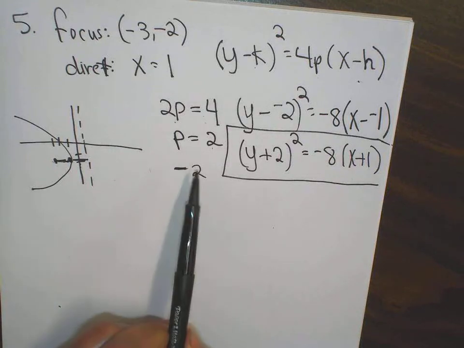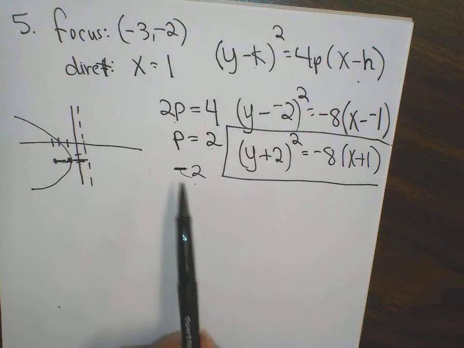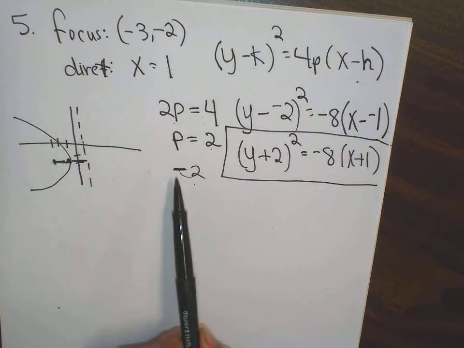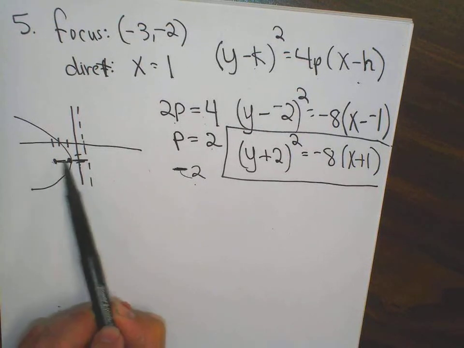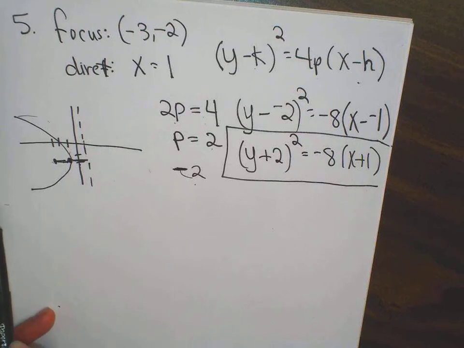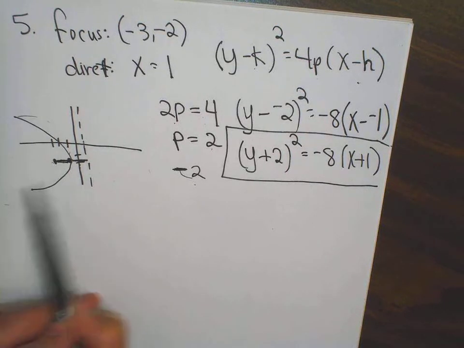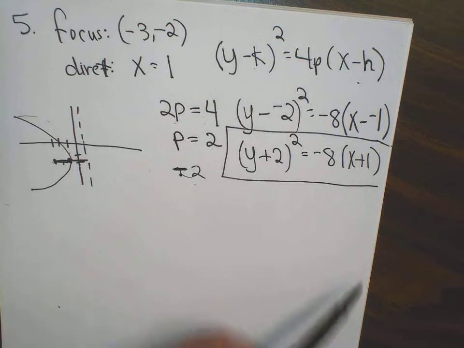But when we are using P for our equation, P also indicates the direction. The negative comes from us saying I need this to point to the left. So to indicate direction, I'm going to say that this is a negative.